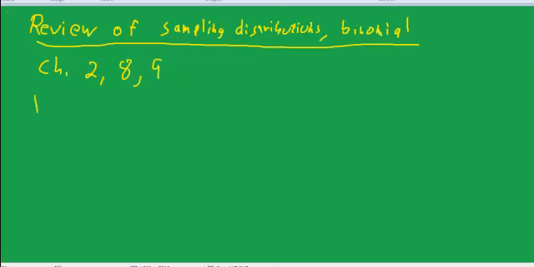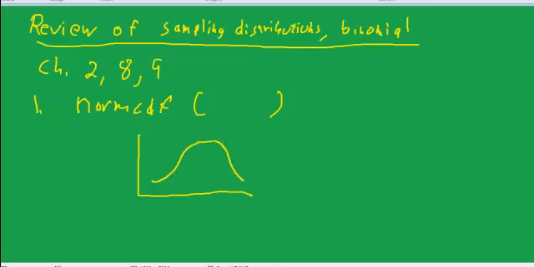First of all, situations where we use norm CDF, or we would look up in a normal table if we weren't using a calculator. Whenever we use normal CDF, it's a good idea to sketch a normal curve and figure out what we're looking for.